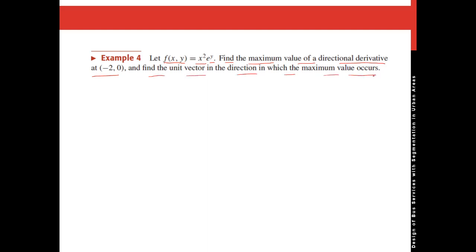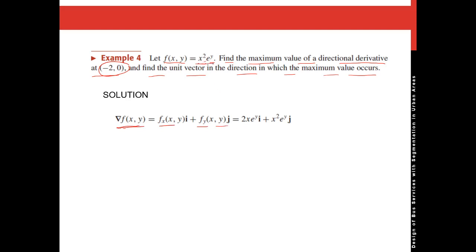And find the unit vector in the direction in which the maximum value occurs. So first we want to find the maximum value of the directional derivative at the point minus 2, 0. The solution: we know that del f is equal to fx(x, y) i plus fy(x, y) j.